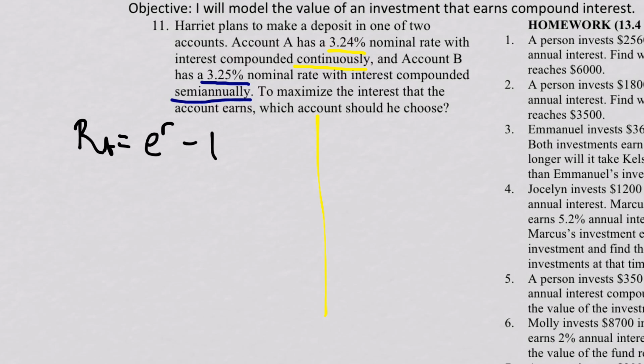Compounded continuously. So in this case, all we care about is what is R. R in this case is 3.24%, so it's going to be e to the 0.0324 minus 1. Punch that into the calculator.